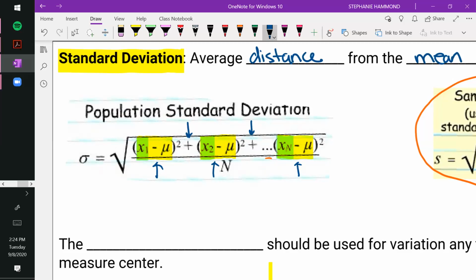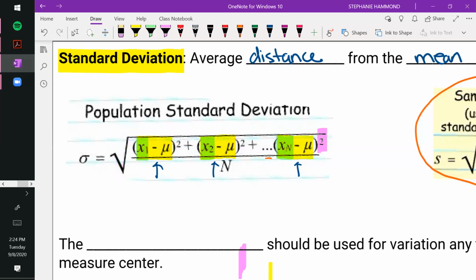So to avoid just adding things together and getting 0, we square those numbers. When you square a negative number, it automatically becomes positive. You square a positive number, it stays positive. So to avoid adding positive and negative numbers together, to make sure that they're all positive, we square each of these distances, and then at the end, we'll square root it to get back to our average distance itself. Okay, so that's why there's squares and square roots.